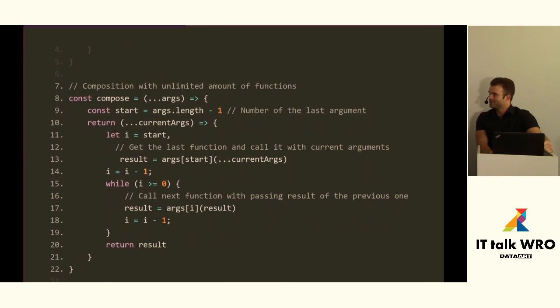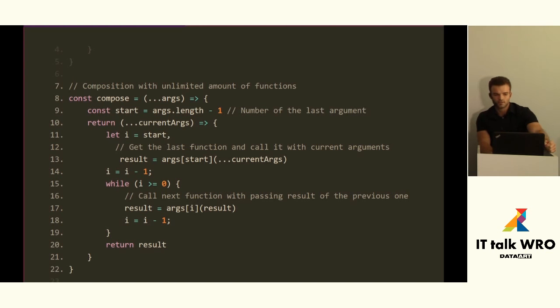And this example shows how to create a composition with an unlimited amount of functions in sequence. Let's suppose that my compose function awaits an unlimited amount of arguments. And here I got the last function and assigned the number of that last function to the start variable.